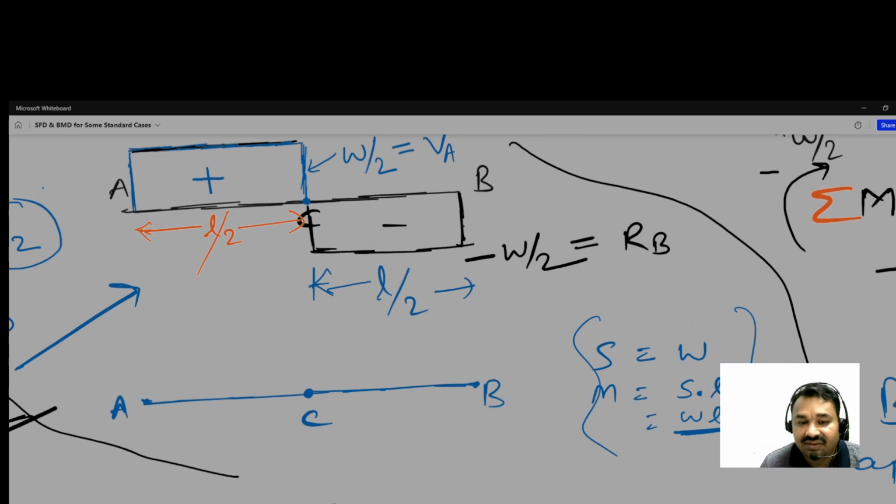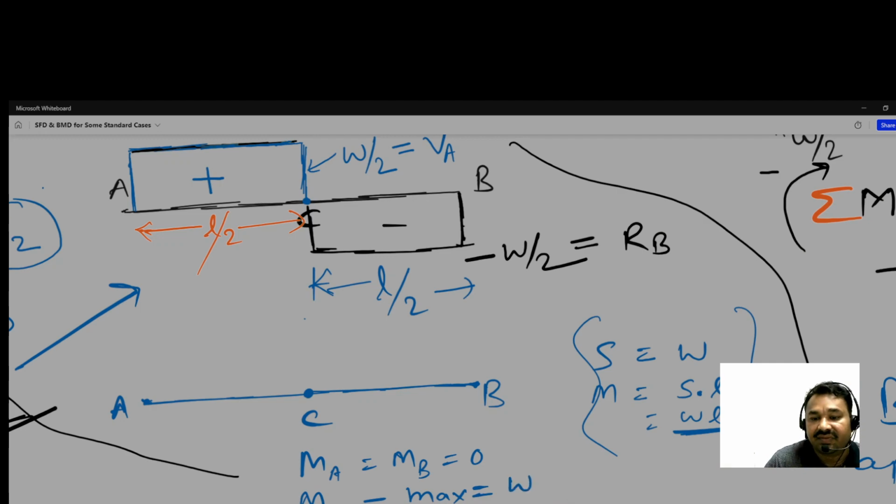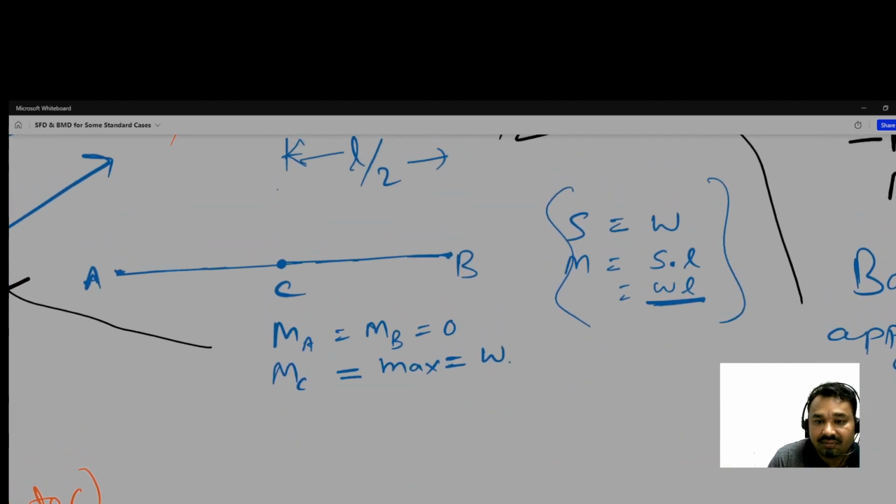based on our calculations and observation, at A and B bending moment is 0. MA, MB bending moment 0. MC is at the load point. So there is the maximum bending moment. And how will the graph look? Obviously what we get for M is linear, and we can see MC is WL by 4.